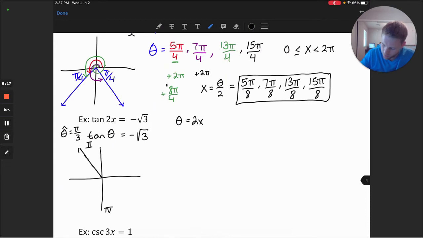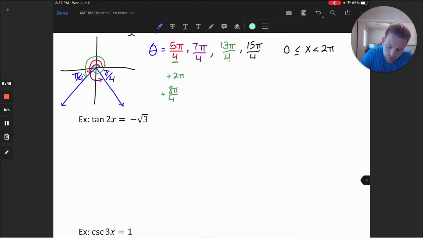One coming out here, again with our reference of pi over 3, and another one with our reference of pi over 3 again. So these are the 2 places where my tangent will be negative square root of 3.